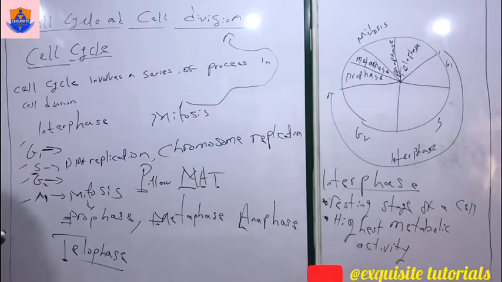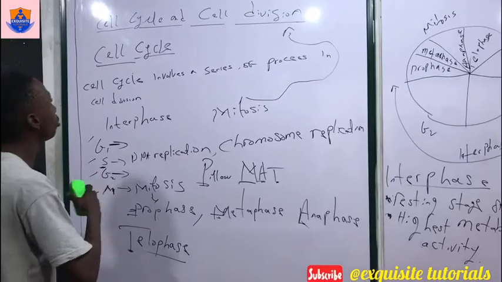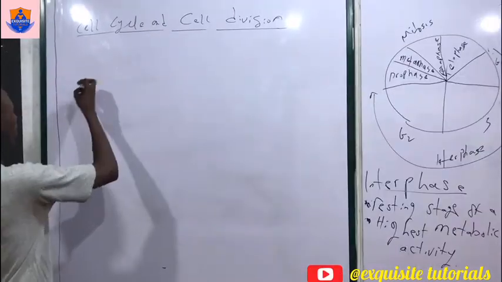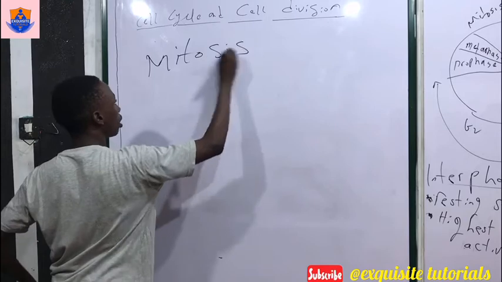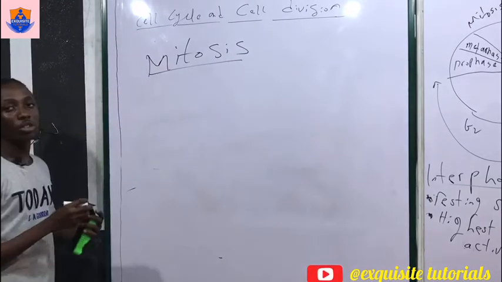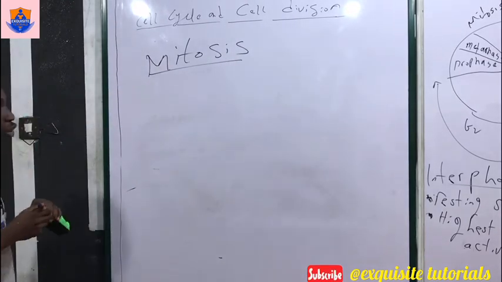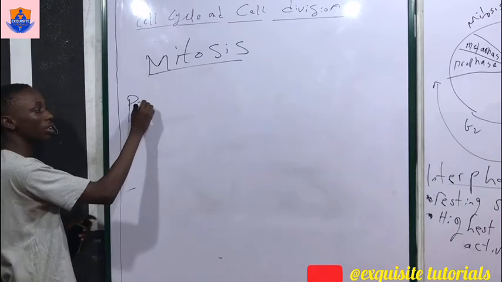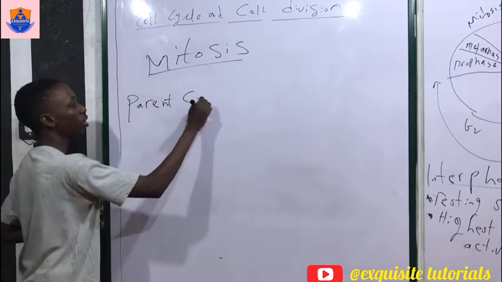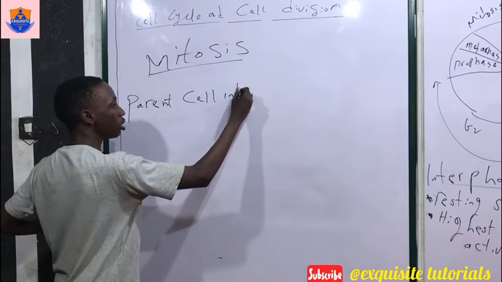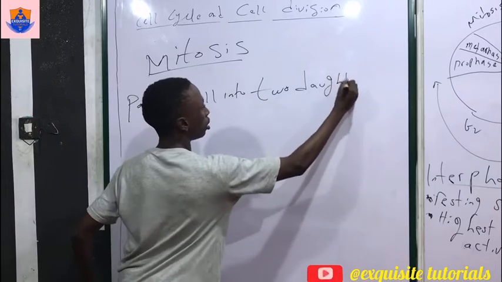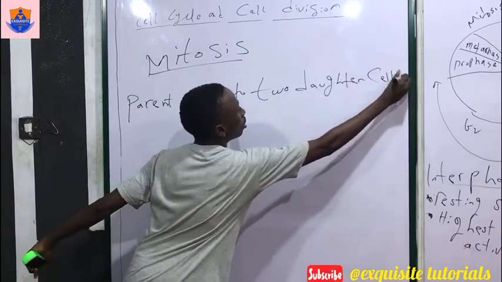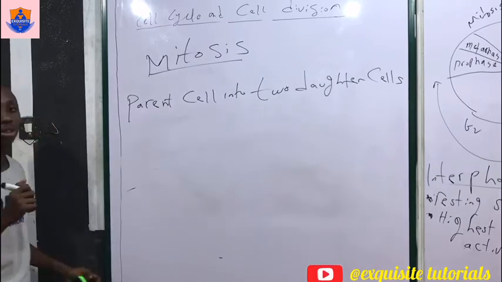Okay, now we're going to be looking at mitosis in a more detailed way. During mitosis, there is the division of the parent cell into two daughter cells.